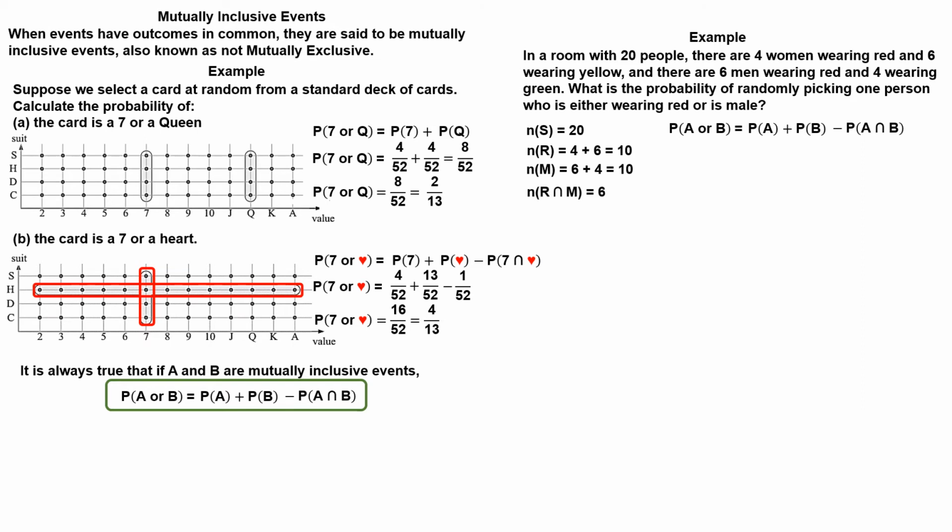So the probability of red or male is the probability of red plus the probability of male minus the probability of red and male. After simplifying, we get 7 over 10.